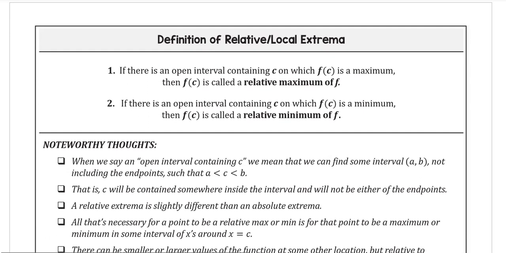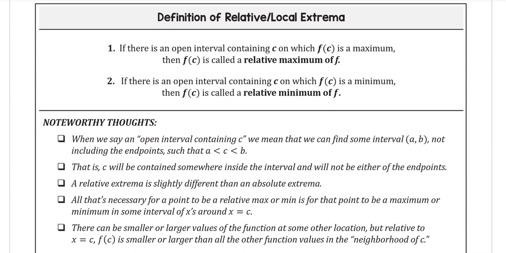Okay, so relative or local extrema is defined in this way. If there's an open interval containing c on which f of c is a maximum, then f of c is called a relative maximum. And if there's an open interval containing c for which f of c is a minimum, then f of c is called a relative minimum.